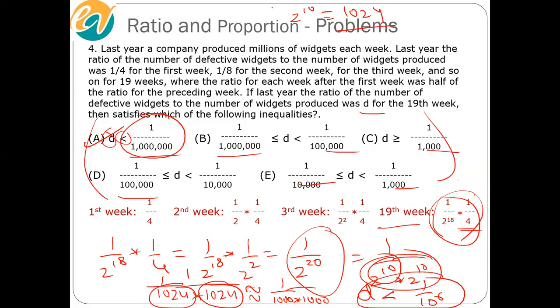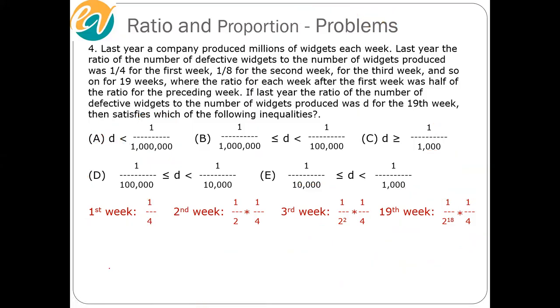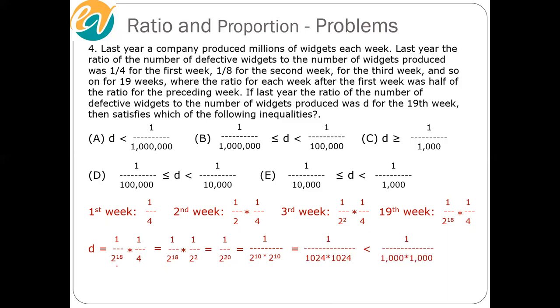So this was, by the way, the trickiest part. And Rajiv aced this. Very nice. So D is lesser than 1 upon 1 million. So that's the final answer. This would be definitely considered a difficult level question on the exam.